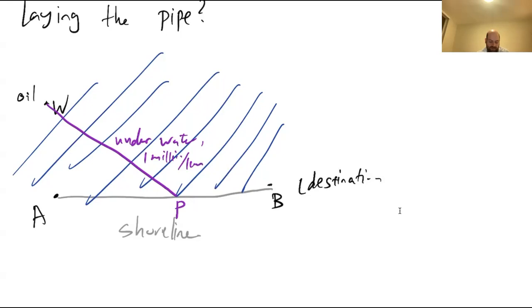And then from P to B over land, and the cost is 500,000 per kilometer. We want to find the location of point P that minimizes the cost.